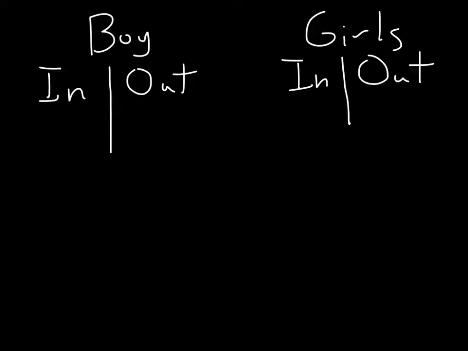Well, with the boys, there are 3 people in the committee, and there are 7 people outside. For the girls, it's 4 people in the committee, and since there are 12 girls, 8 of them must not be in the committee. So we'll use our formula. Here are 2 groups.